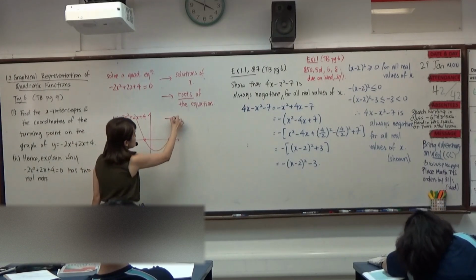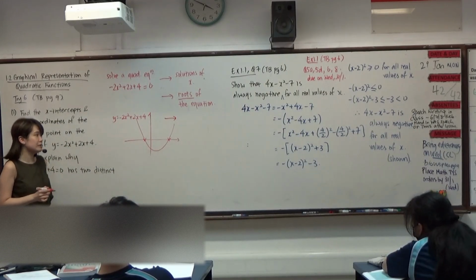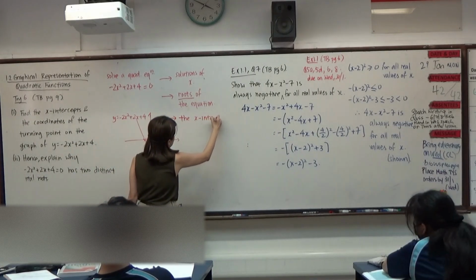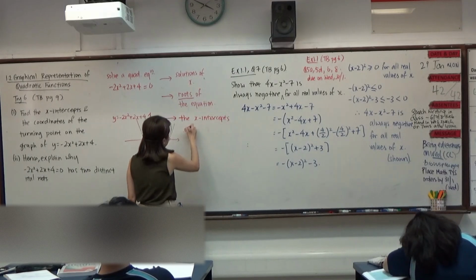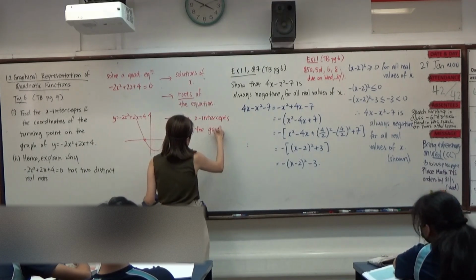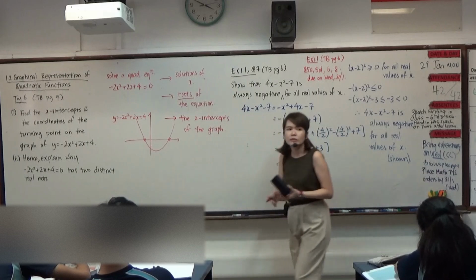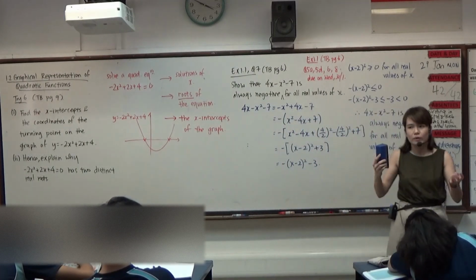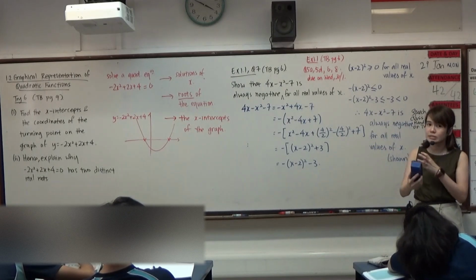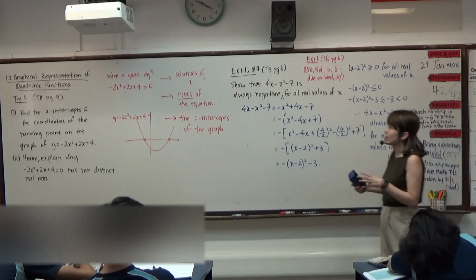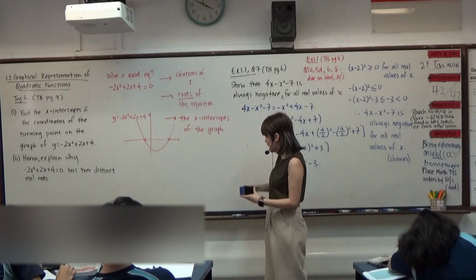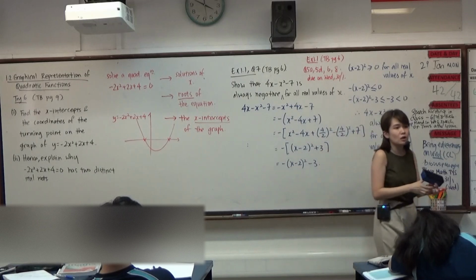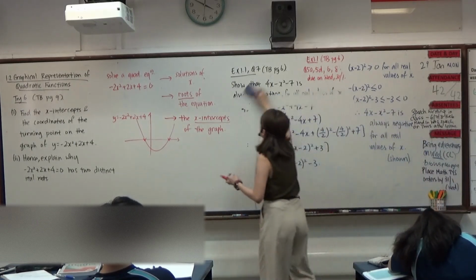But the roots have the same meaning as the x-intercepts of the graph. The key thing when you learn A maths is that you must be able to interchange all these terms that you encounter in the entire syllabus, be able to link all of them up, and know that what you're asking for is actually always the same thing.